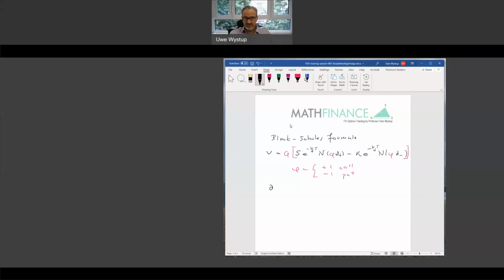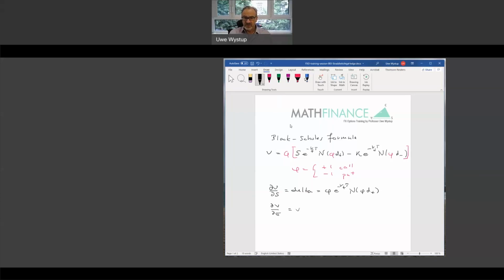If you take the derivative of V with respect to initial spot, that's what delta is, spot delta, and you will get phi times, so it's basically the coefficient of S, phi times the discount factor with the foreign rate times N of phi d plus. So that's delta. Then we get vega, dV/d sigma.